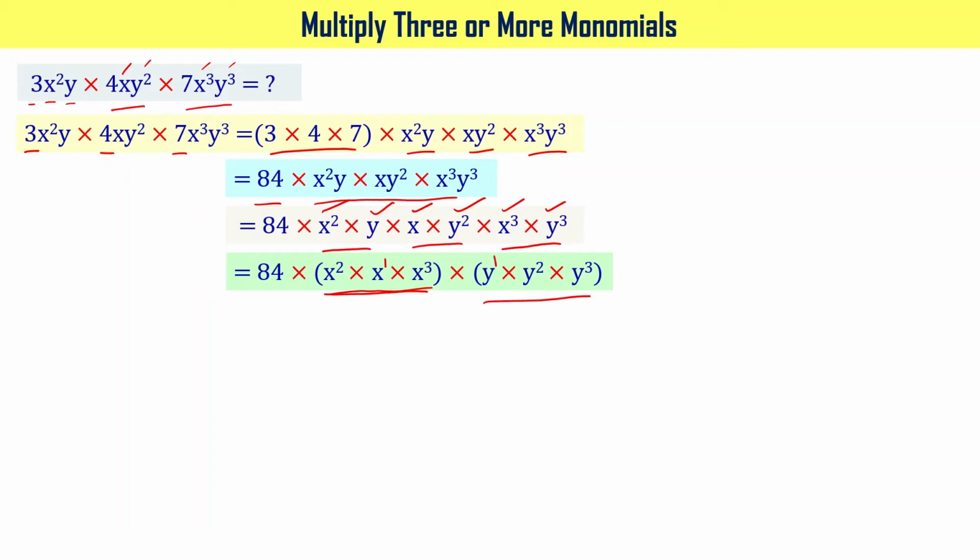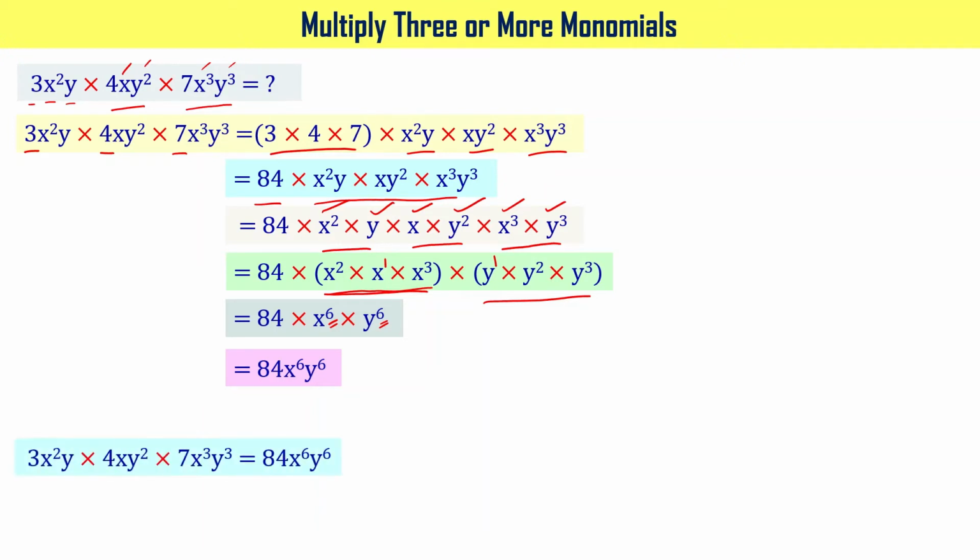Here 1 plus 2 plus 3, right? 2 plus 1 plus 3 is 6. That's what we have written for x. And 1 plus 2 plus 3 is also equal to 6. That's what we have written here. So this is 84 x power 6 y power 6, right? So the answer to 3x square y times 4xy square times 7x cube y cube is 84x power 6 y power 6. Right?